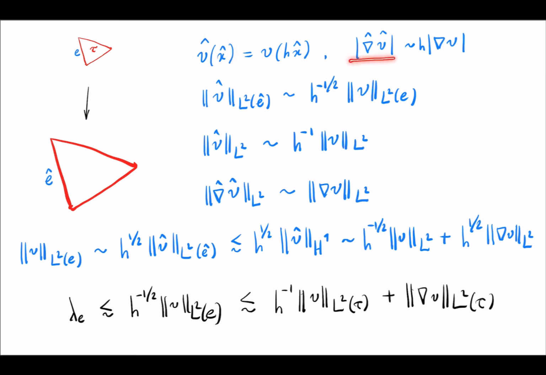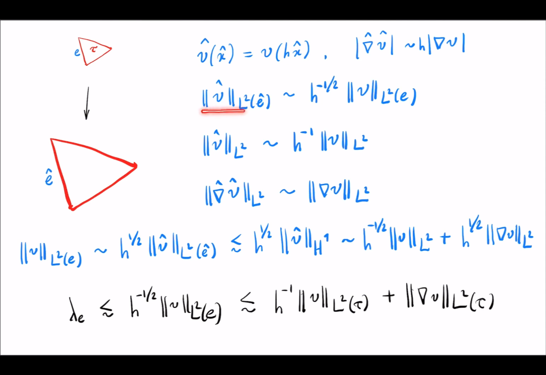Then the gradient of that function will scale like this. You will pick up h in front, because basically you are stretching that function. And the L2 norm of that function on the reference element will behave like this, because again stretching, you will pick up a negative power of h.